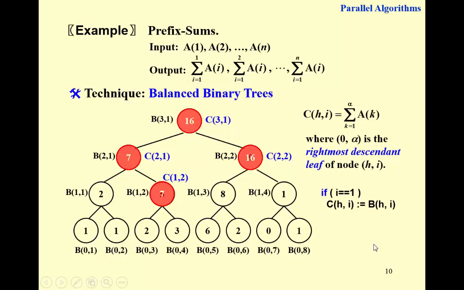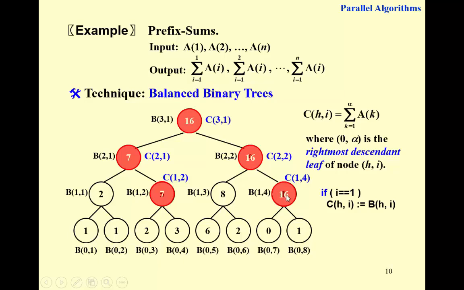Do you see the pattern here? If that's not clear, let's check out this one. This one is supposed to be what? Another 16, right? So what's the pattern here? The pattern is, if this node is a right child, it's supposed to be equal to the value of its parent, right?